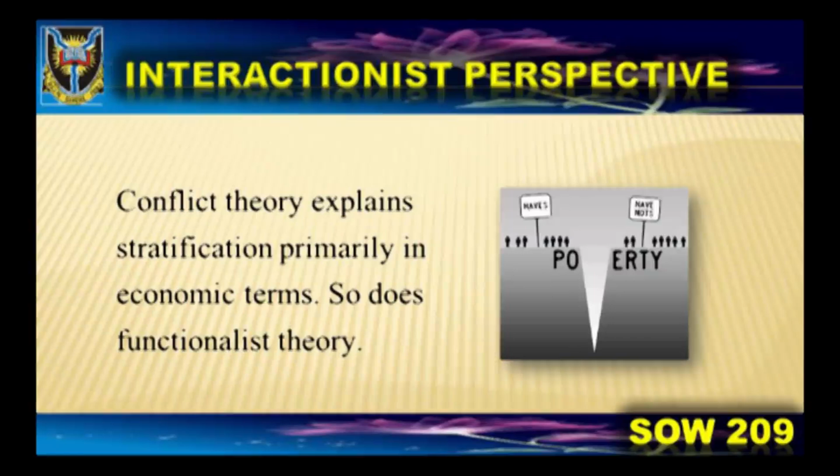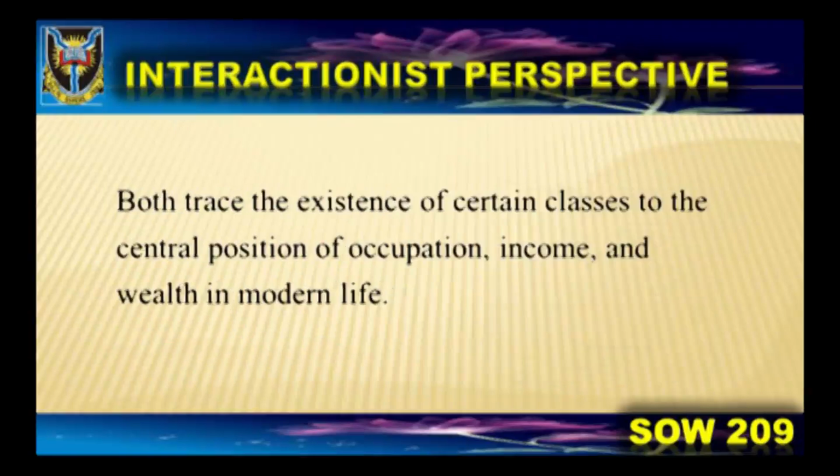Interactionist perspective. Conflict theory explains stratification primarily in economic terms. So does functionalist theory. Both trace the existence of certain classes to the central position of occupation, income, and wealth in modern life.